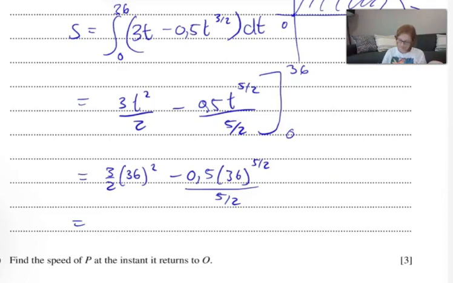Okay, so 3 over 2 times 36 squared minus 0.5 and 36 to the power of 5 over 2 divided by 5 over 2, and that gives me a final answer of 388.8 meters.